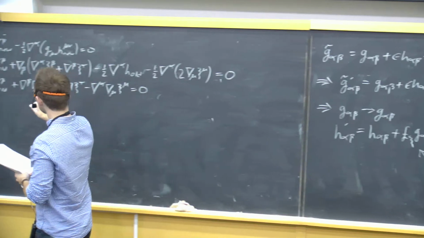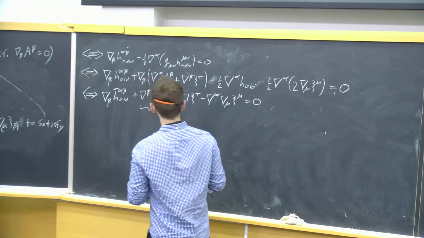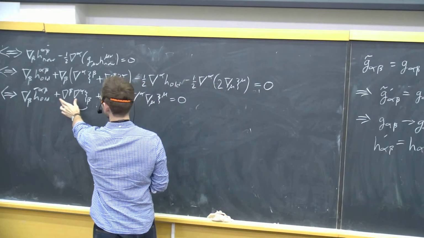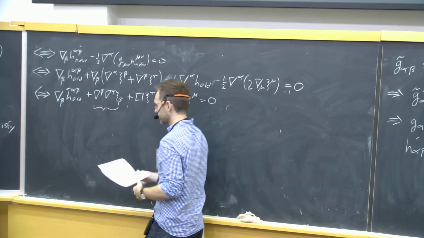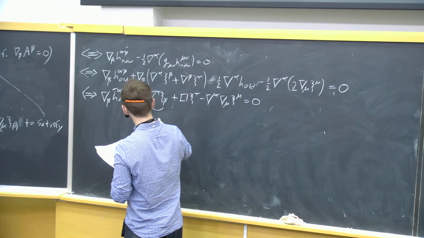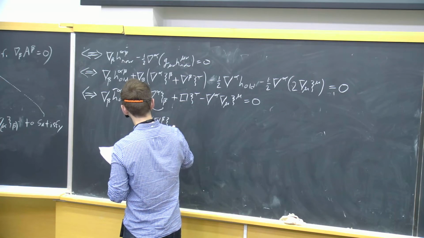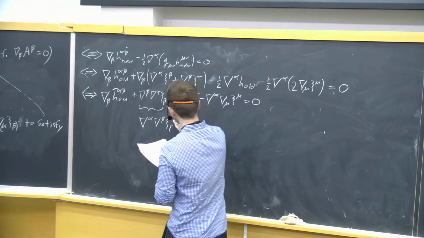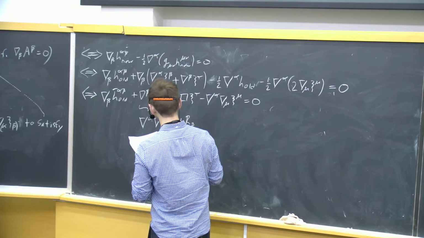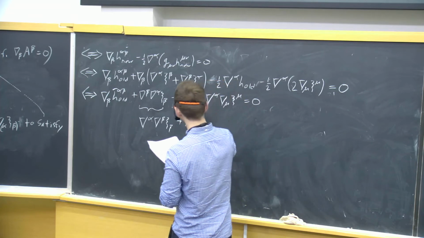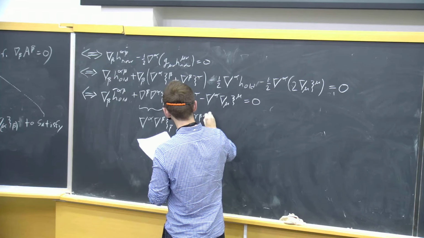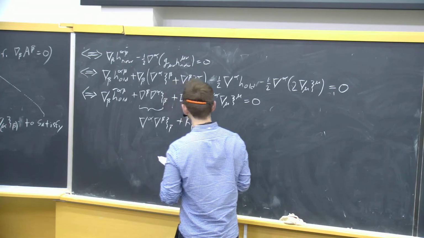Now this term here we can write in a form similar to this by again using the Ricci identity to flip these two derivatives. So this is grad alpha, grad beta, xi beta, plus the Riemann term in the Ricci identity, which is R beta gamma, beta alpha contracted into xi gamma.